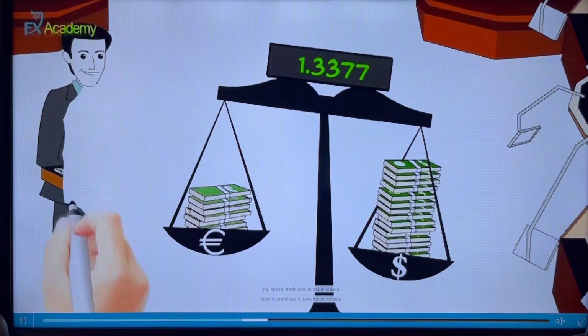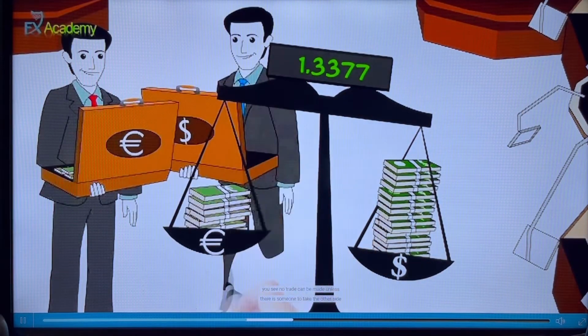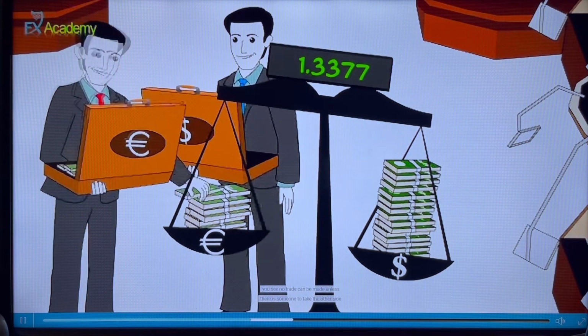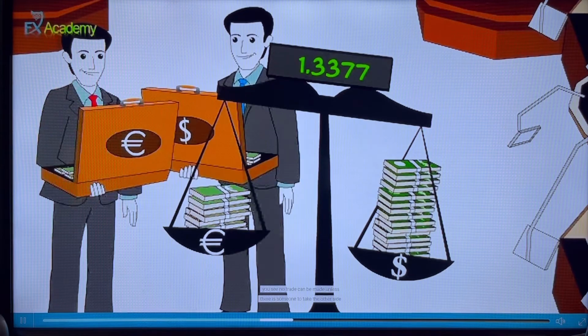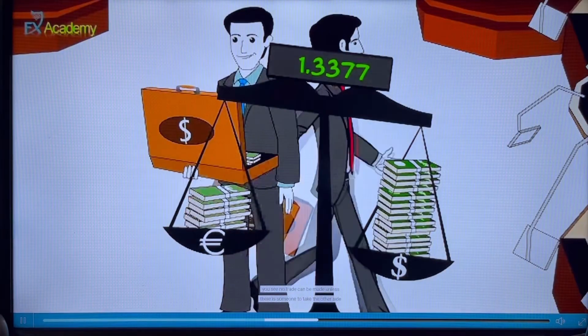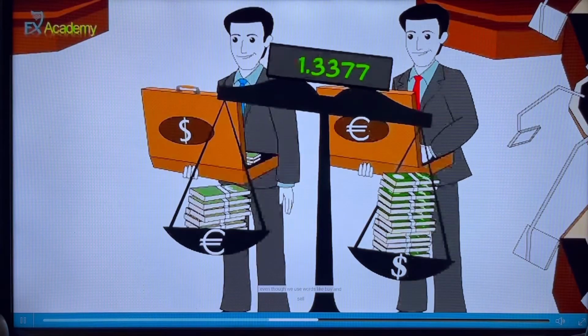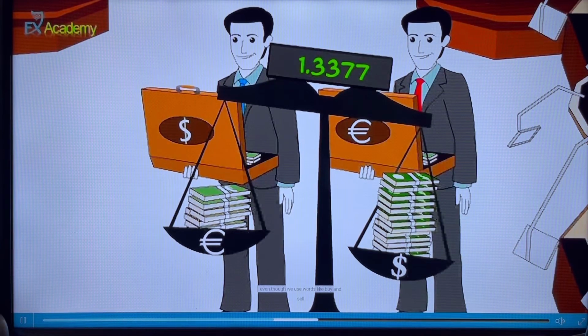You see, no trade can be made unless there is someone to take the other side. There needs to be someone else willing to trade their euros for US dollars in order for the bank to get its euros. That's why it's called trading, even though we use words like buy and sell.